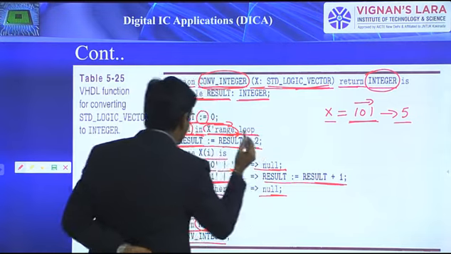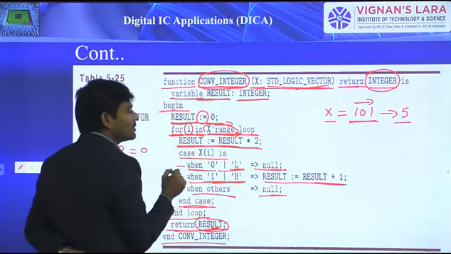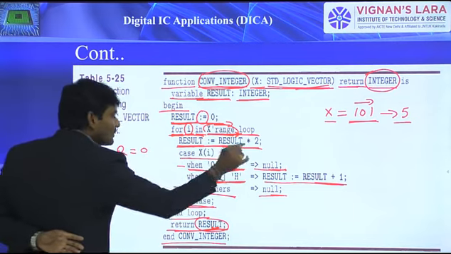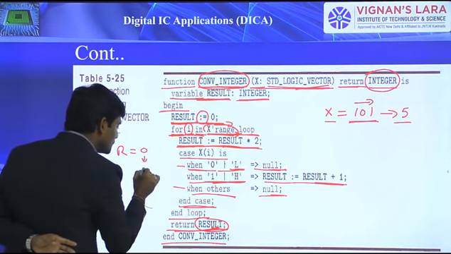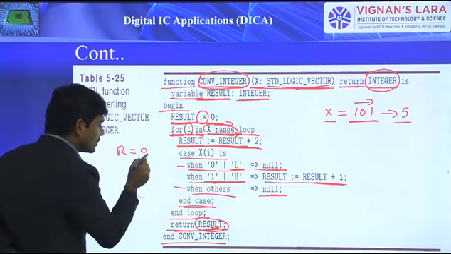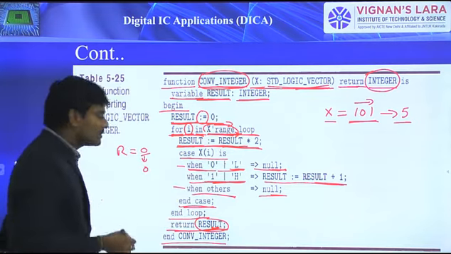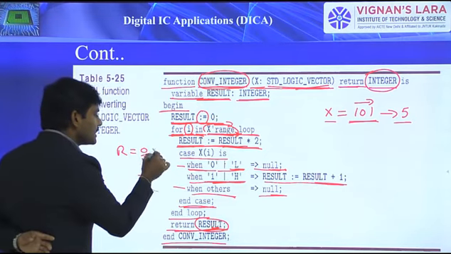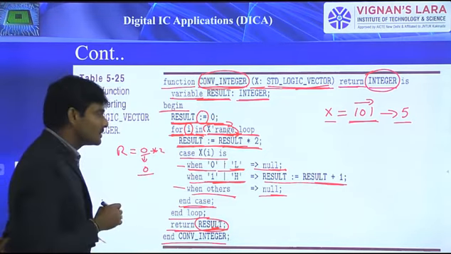Then in the loop, the result will be assigned result times 2. By executing this, 0 remains 0 itself, because in result we already stored 0, and multiplying with 2 still gives 0.